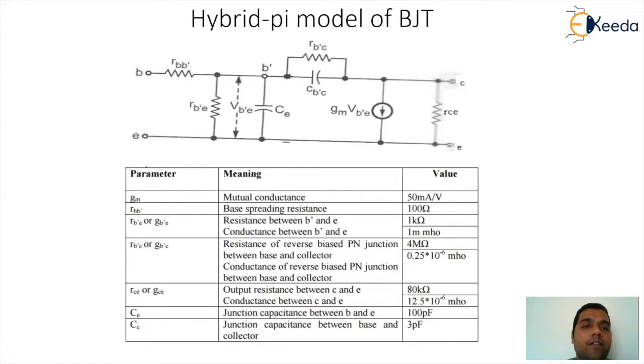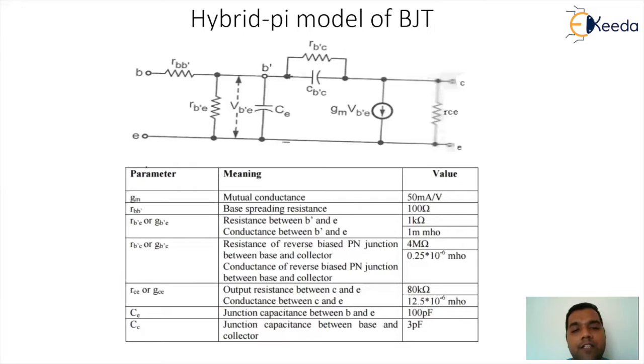That's the reason we are having 2 notations, B and B dash, because B and B dash correspond to the external base terminal and the actual base terminal physically present inside. Whatever is the impedance of that path will be represented by the value rbb'. Normally the value of rbb' is very small, it is negligible.